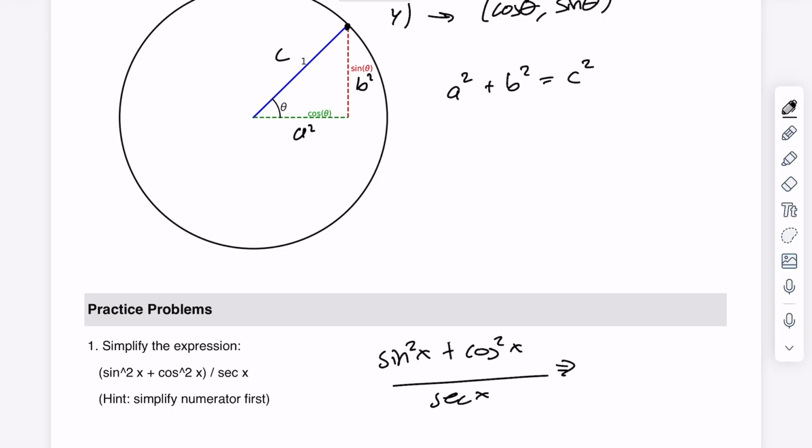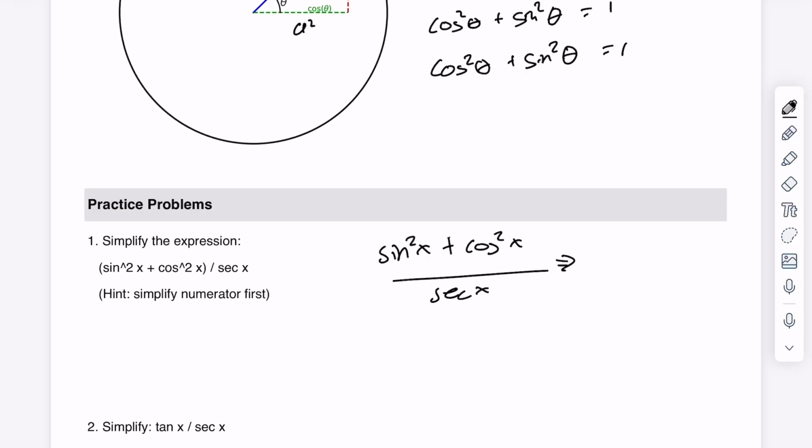So we're going to have cosine squared theta plus sine squared theta equals 1 squared. But 1 squared is just 1. So cosine squared theta plus sine squared theta equals 1. So that's what we have here.